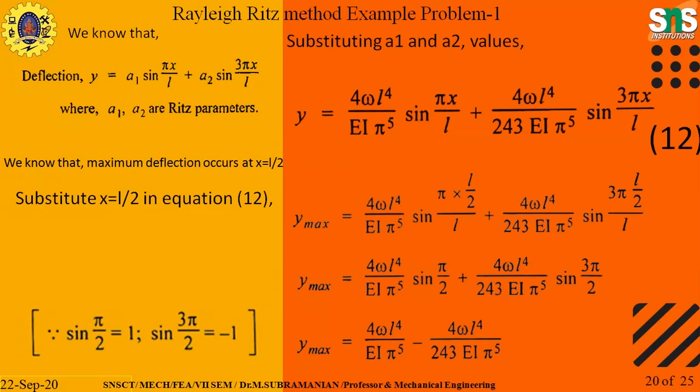So L by 2, we have to substitute in y max equal to 4 wL^4 by E I pi^5 sin pi x, x equal to L by 2 divided by L, minus 4 wL^4 by 243 E I pi^5 sin 3 pi x, x equal to L by 2 divided by L. So sin pi divided by 2L, both L will be cancelled.